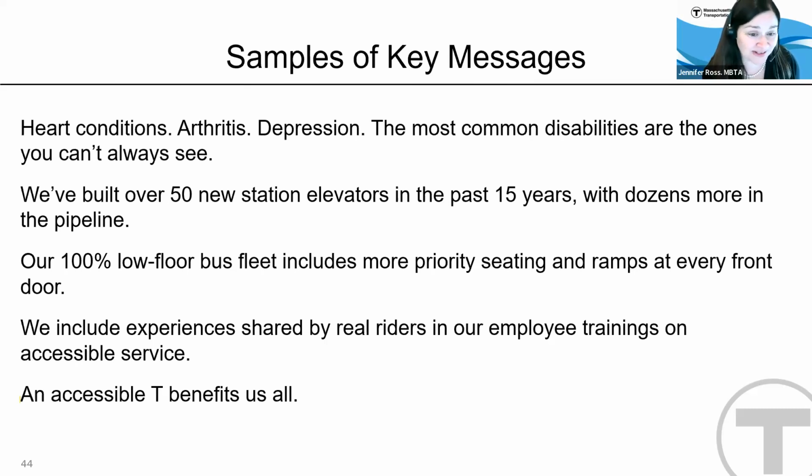Our 100% low-floor bus fleet, oh, that's a tongue twister, contains more priority seats and a ramp at every front door. We include experiences by real riders to shape our training for our accessible service. And last but not least, an accessible T benefits us all.